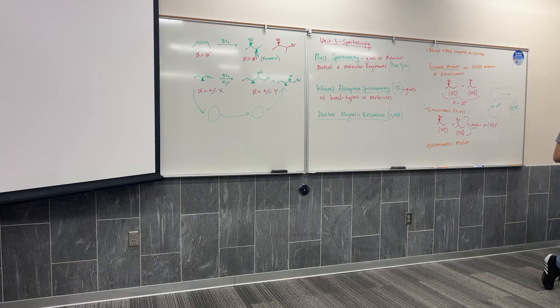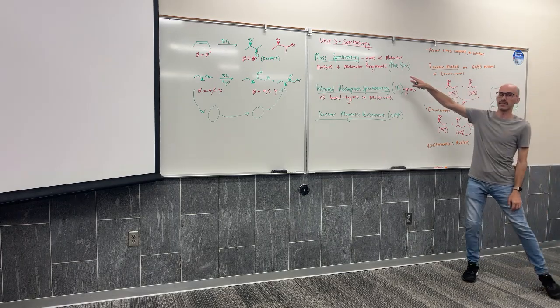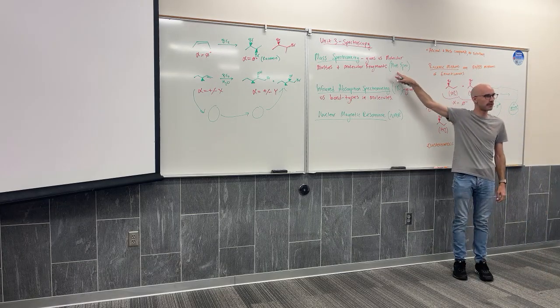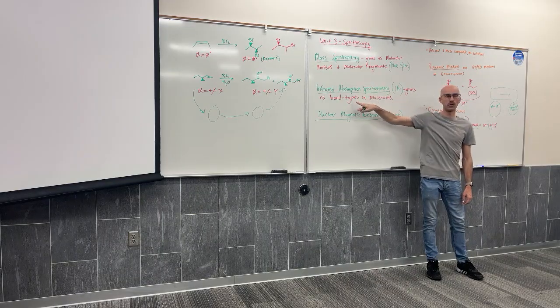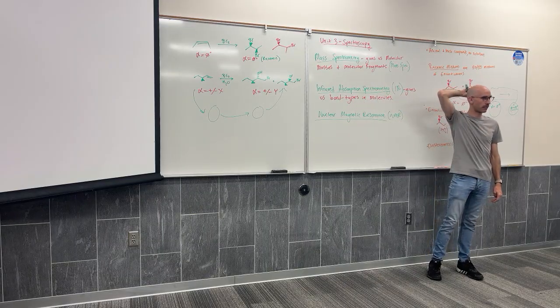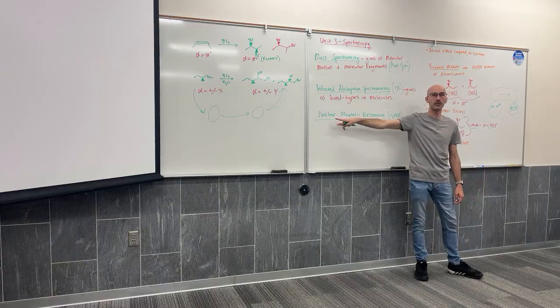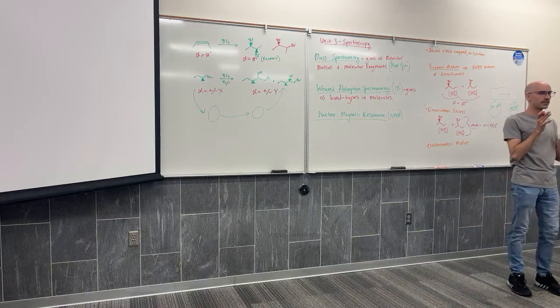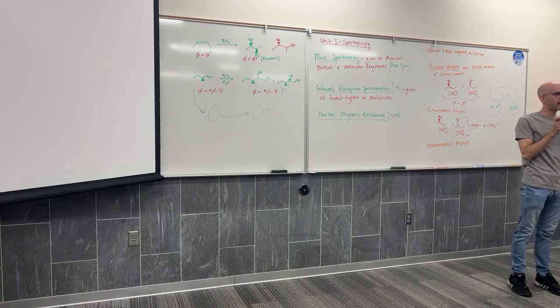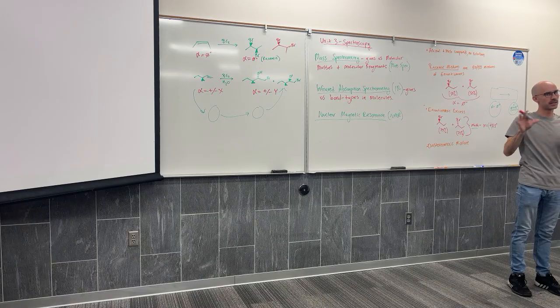NMRs obviously don't look at an entire mass of a molecule or the mass of an entire fragment. They don't look at the bonds that are present. They look at the nuclei that are present. And we're going to focus in on just one type of NMR. There is another type of NMR that is a little less common. I'll mention it.